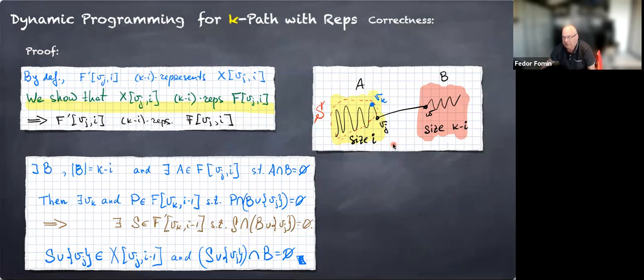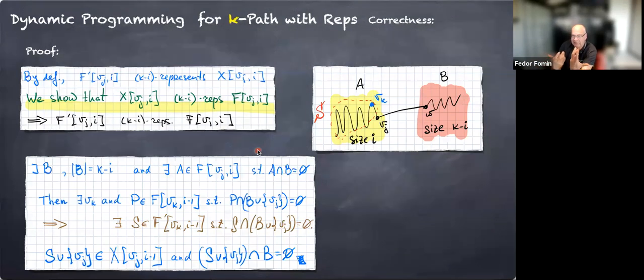If there is such a path, then there exists a vertex v_k, the vertex preceding vertex v_j on some path. So there exists a vertex v_k and a set of vertices of size i minus 1 such that in this set there is a path with i minus 1 vertices which ends in vertex v_k.